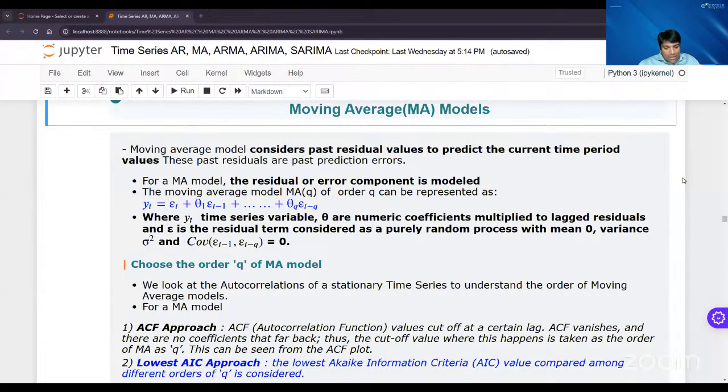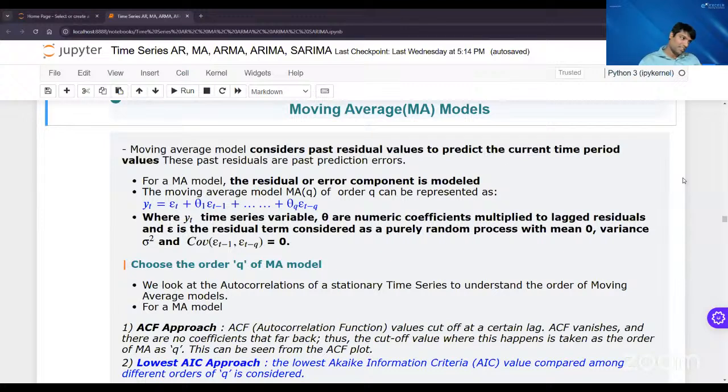In the autoregressive model, what I told you was that we build the current value as a linear combination of the past lagged values. Now, what is moving average? The current value is also a linear combination, but of past terms of a different kind.